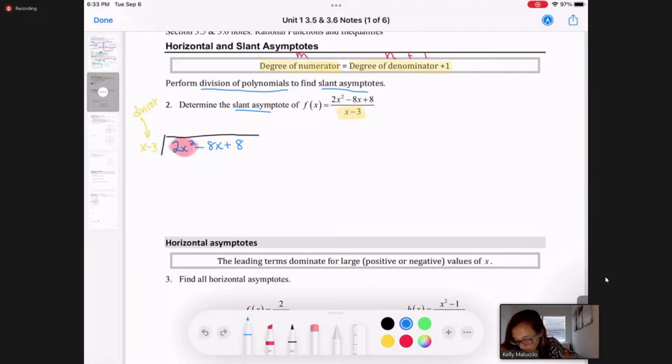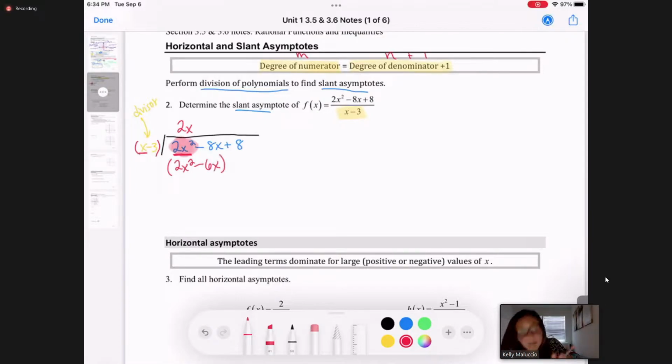I know this is 2x squared, this is x. If I multiply by 2x, that gets me 2x squared, right? So I'm going to multiply this whole thing by 2x and write it below here. So I get 2x squared minus 3 times 2x, so 6x.